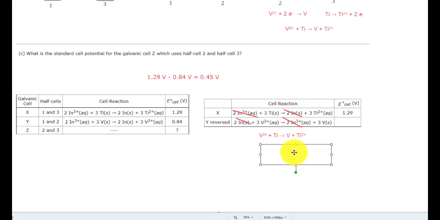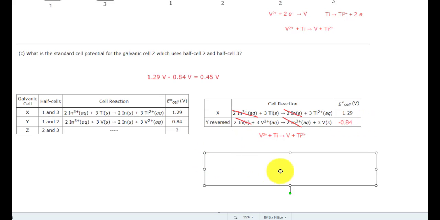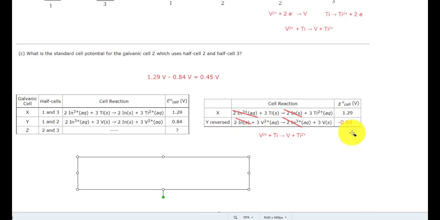And as a result, you would get this final reaction. 3 vanadium plus 2s plus 3 titaniums making 3 titanium plus 2s and 3 vanadiums. Reduce it down 1 to 1. And of course, the difference would be this reaction is reversed. So instead of being 0.84, it's negative 0.84. And if we add these two, we still get our 0.45 volts.